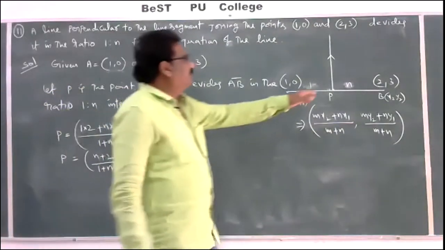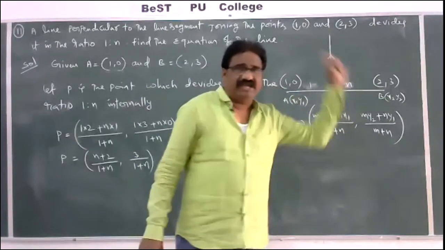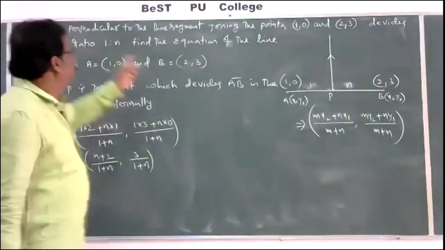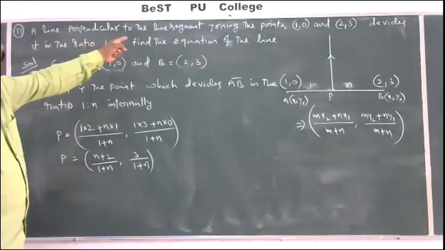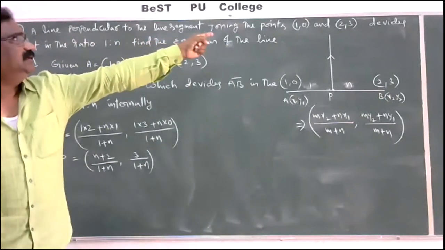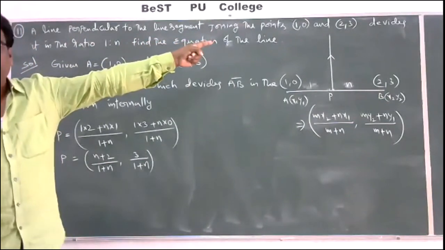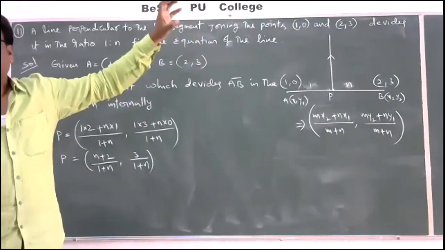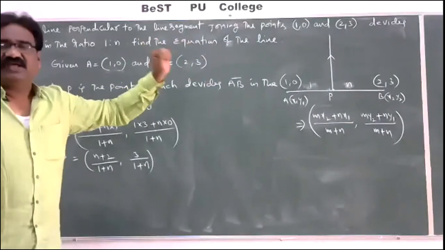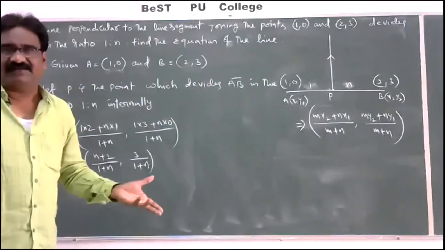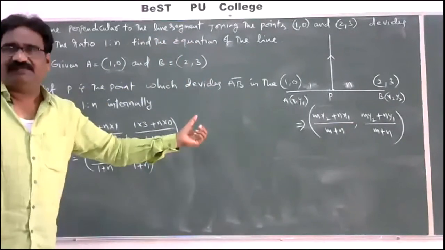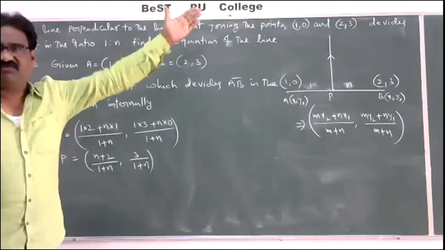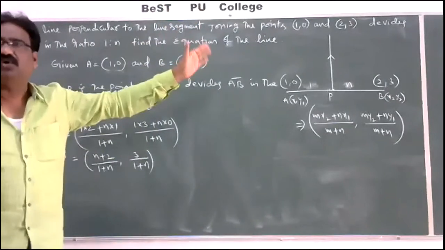Next, this line is perpendicular to AB. That is given in the problem. The line is perpendicular to the line segment joining 1, 0 and 2, 3. That is, the required line is perpendicular to AB. As in the previous problem also, first find the slope of AB, then write the slope of the required line, which is perpendicular to AB.